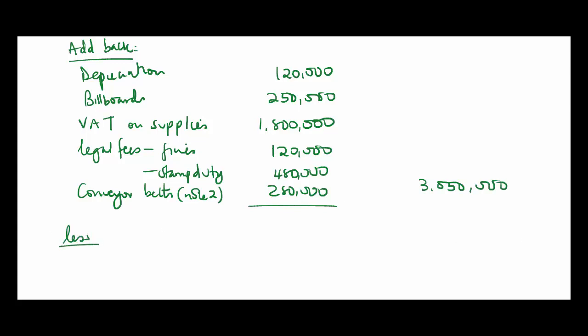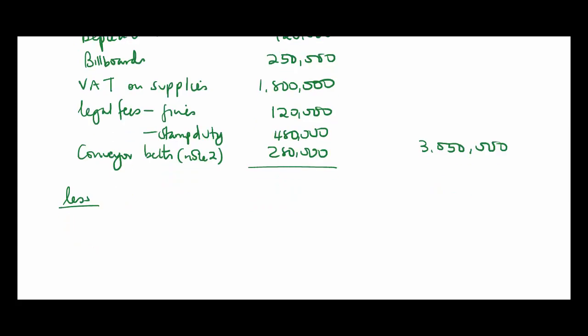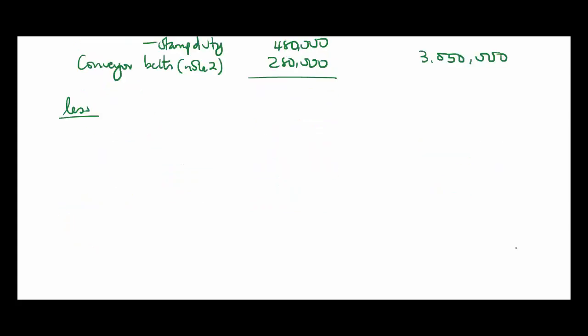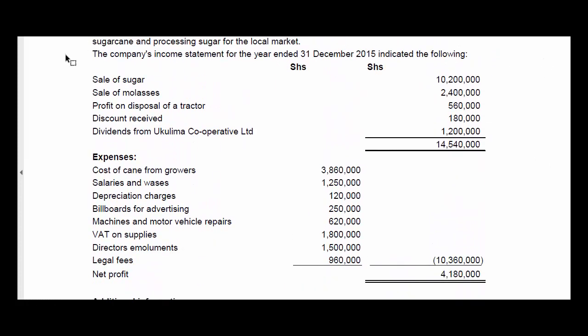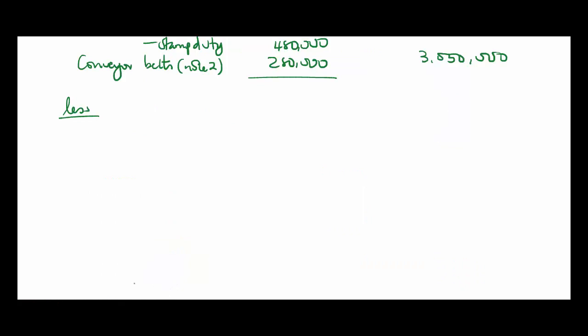Let's now less any incomes that should not have been added, as well as any adjustments that we may have come across. So let's go fast through. Looking at the incomes, sale of sugar is okay, molasses is okay, profit on disposal of tractor is not okay, 560,000.